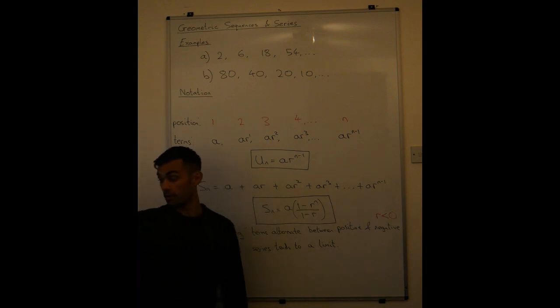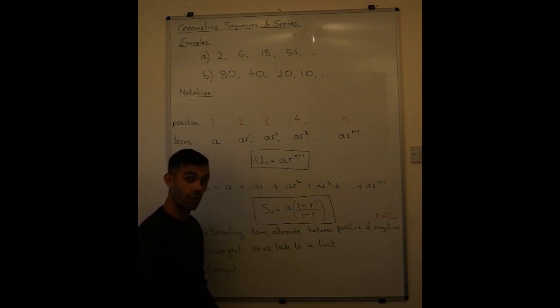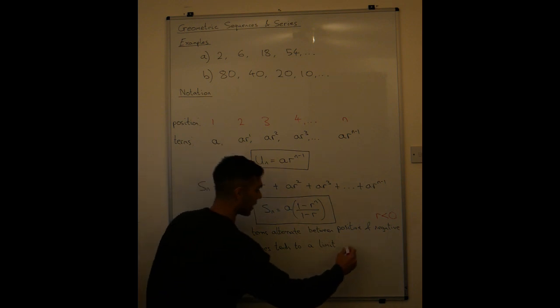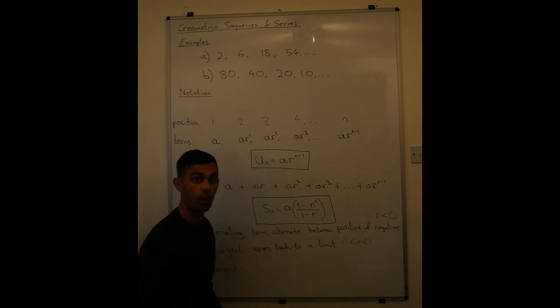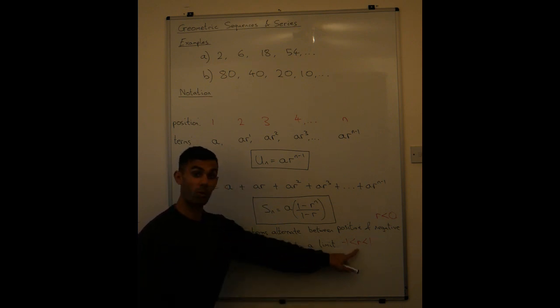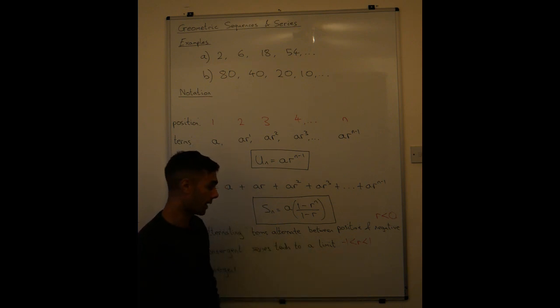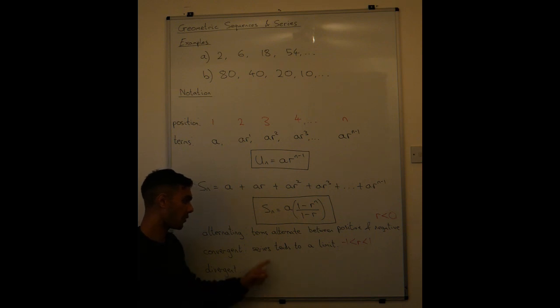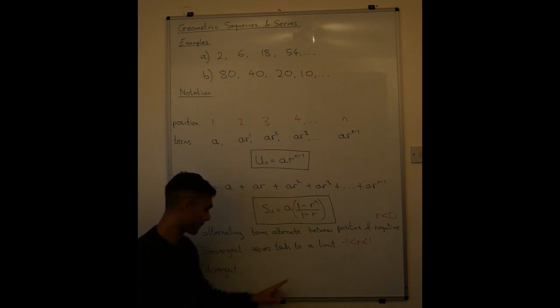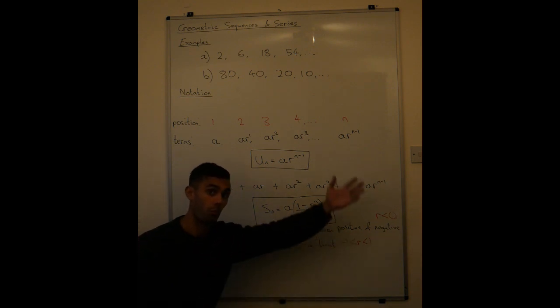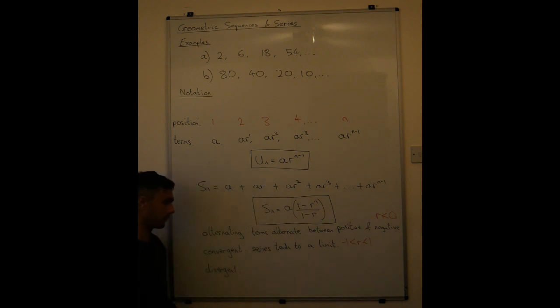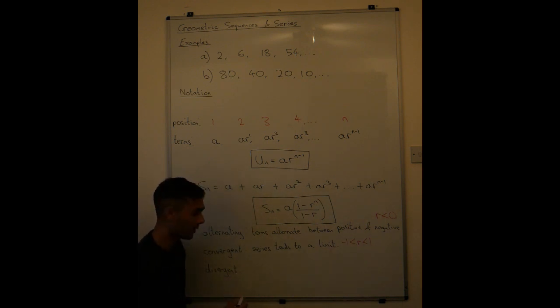And the condition for a series to tend to a limit, to be convergent, is when r is between minus 1 and 1. We're going to look at this a bit more in another video, but for now we're just going to define it. If a series isn't going to tend to a limit, it will be divergent. And as you add the terms to infinity, the sum will blow up to infinity as well. So we'll define this as an unbounded series.